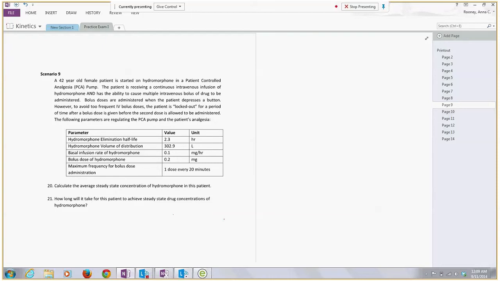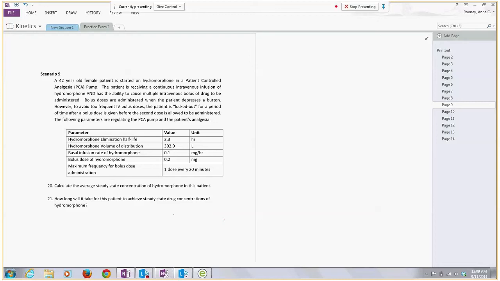Alright. Hydromorphone and a patient-controlled analgesia pump. The patient is receiving continuous IV infusion of the hydromorphone and has the ability to cause multiple intravenous bolus drugs to be administered. Bolus doses are administered when the patient presses a button.